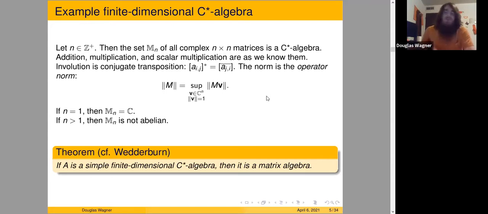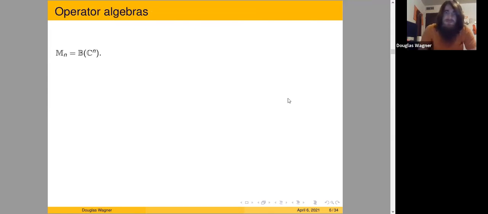Clearly, operators are important, and that's not just because my name is Wagner and it has the word opera in it. In fact, the n by n matrices are just the bounded linear operators on n-dimensional complex vector space.